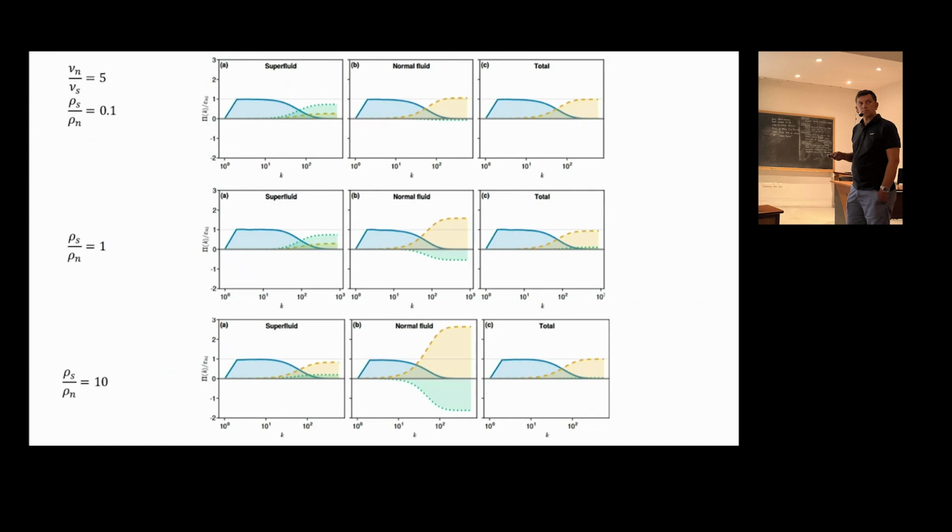Okay, and you can do the same at different temperatures, and you always get the same conclusion. Dissipation by mutual friction is almost zero, and is just non-zero at very small scales in the dissipative range, which means that mutual friction is essentially an additional viscous process at very small scales. The typical intervortex distance corresponds to those scales, more or less.